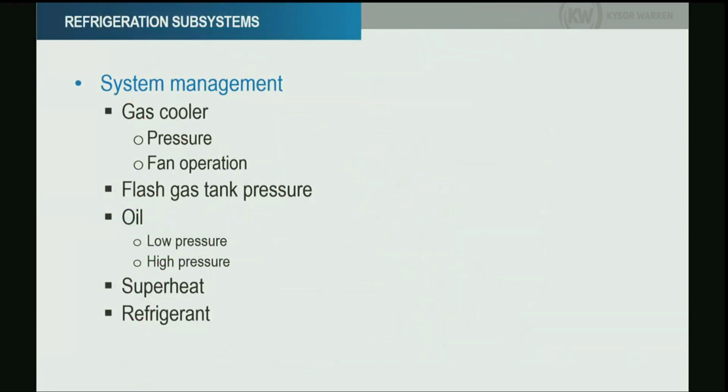If we want to manage one of those systems, we need controls or system management for these portions of the system. We need to manage the gas cooler. The gas cooler is managed differently compared to the condenser. The condenser is normally managed based on TD. The gas cooler is based on pressure and temperature. That's a little bit different. We need to manage the flash tank pressure, the oil system, and the superheat for the compressor so that we ensure they have the proper superheat, and of course the refrigerant.